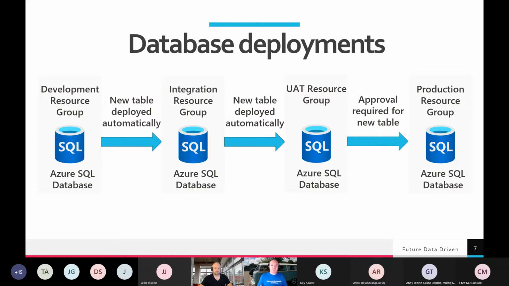So that we do CI/CD for things like, for example, new tables that are added to a particular database, as you can see in this diagram, where it goes across from development to integration automatically and then to UAT, and then may or may not be after an approval to be deployed to production. And as well as SQL database, of course, the same applies for various other services as well. And these are the challenges that we're facing at the moment implementing DevOps, isn't it? Aren't we, Sander?